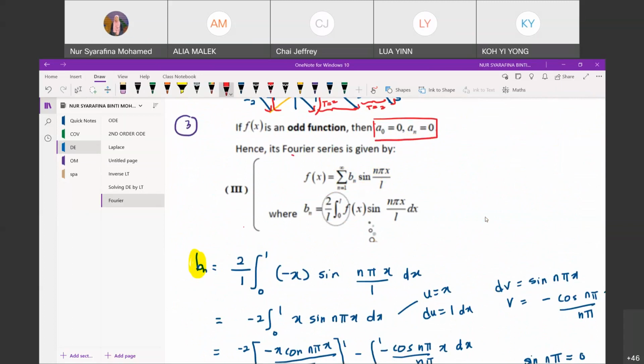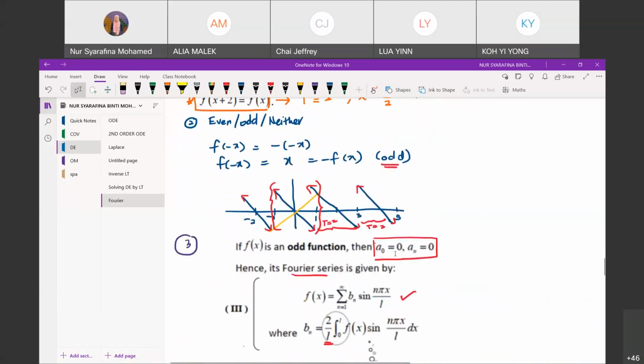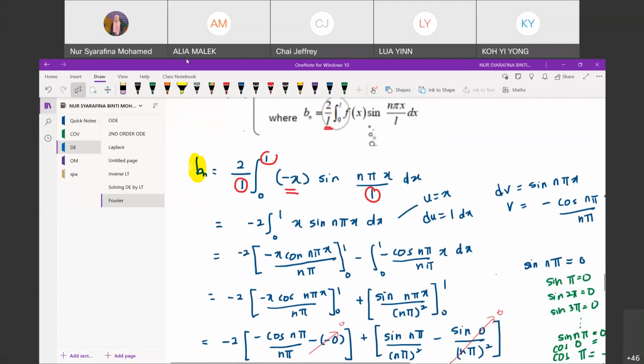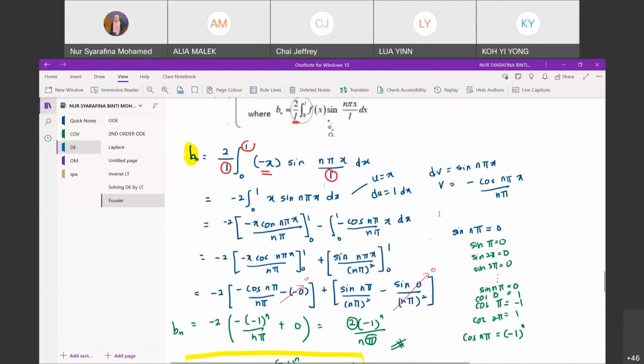So your Fourier series only consists of b_n. How to find b_n? b_n is 2 over L, integrate from 0 to L of f(x) sin(n pi x over L). And what is your L? L is 1. From 0 to L, L is 1. f(x) is negative x, sin(n pi x over L), L equals 1. So substitute everything and you have this integration.